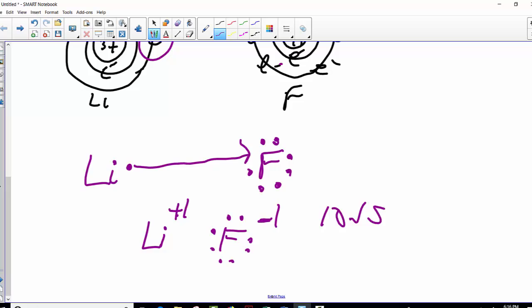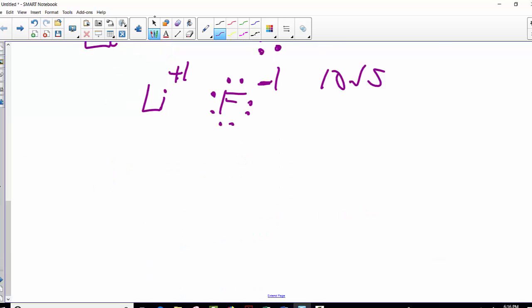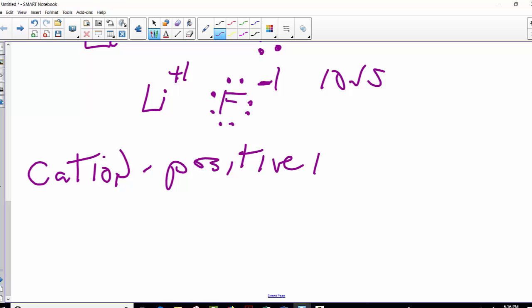As long as we are talking about these things, let me give you some definitions. A positive ion is called a cation, C-A-T-I-O-N. That's the name for a positive ion. It's pronounced cat-ion because it comes from an electrochemistry word called the cathode.